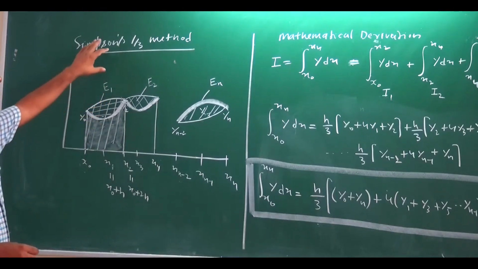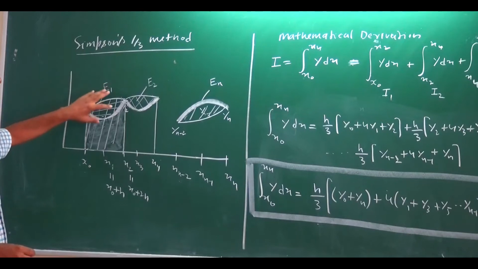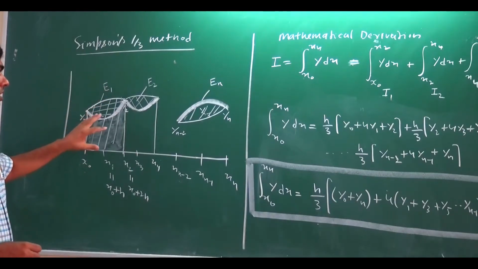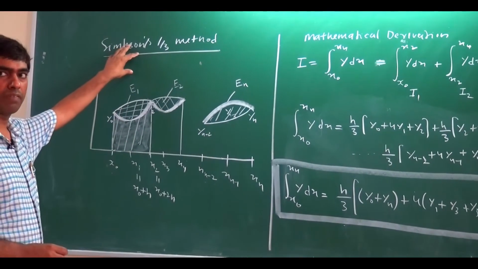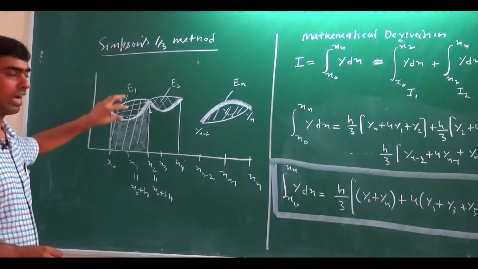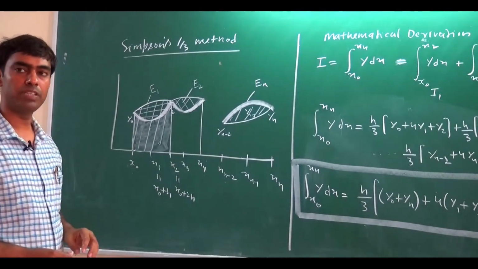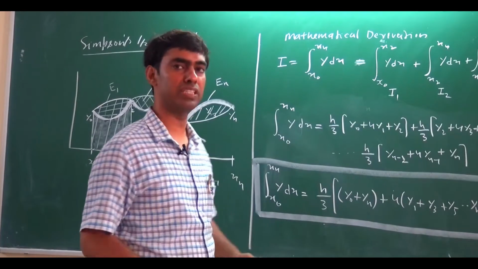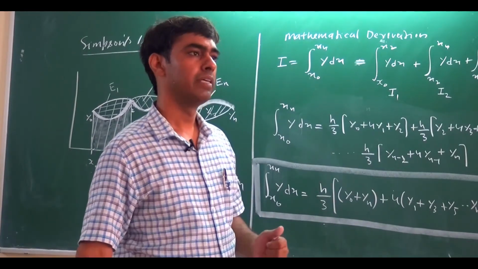If we solve with the help of the Simpson 1/3 rule, what is the error? If we find the error, then we add it to the result obtained with the Simpson 1/3 rule, and we get the actual value.